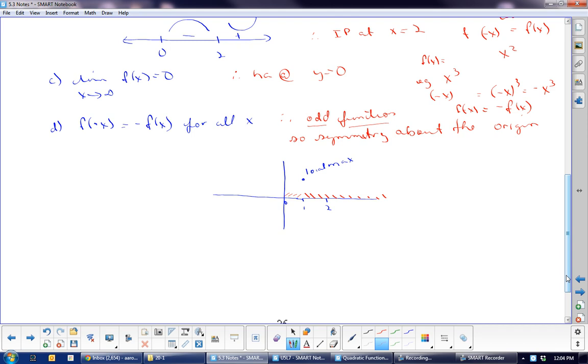From 0 to 2, we are concave down. And then after that, we're concave up. I also have an asymptote.